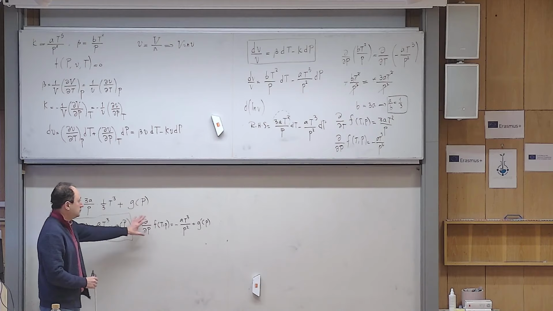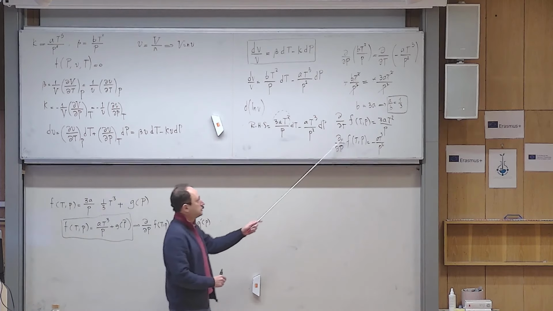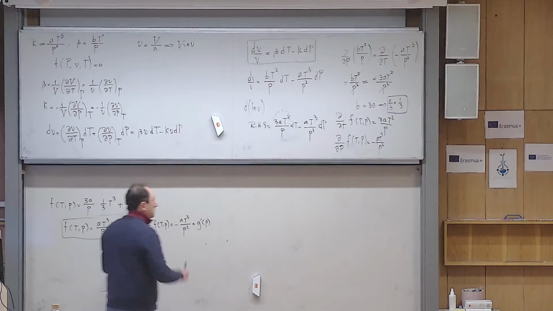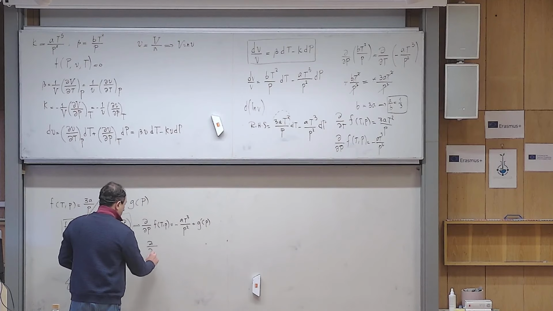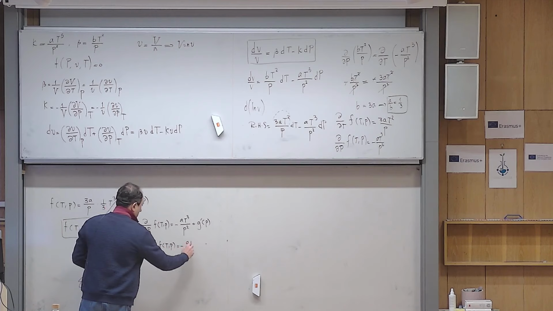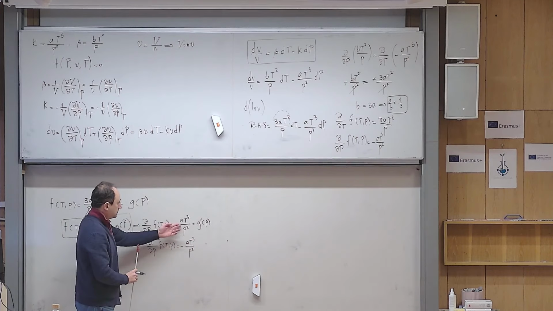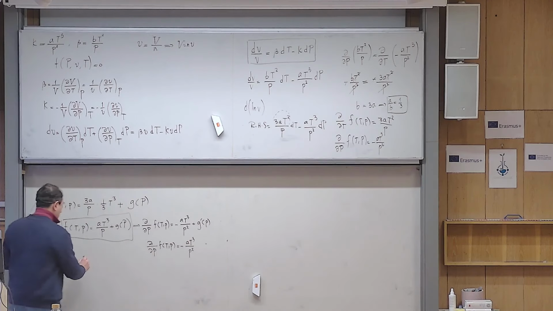Okay, this is on the one hand based on my calculation. On the other hand, this expression should be equal to that expression. So if I write that one here, okay, this means that the right-hand side of this should be equal to the right-hand side of this because the left-hand sides are identical. And if I compare them, I would say that g prime of p is 0.